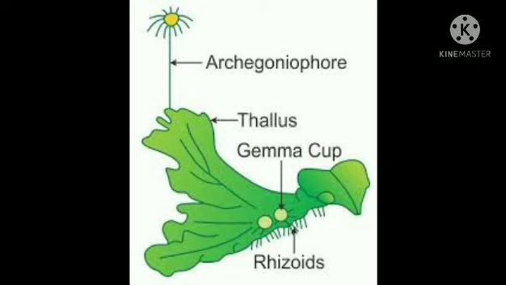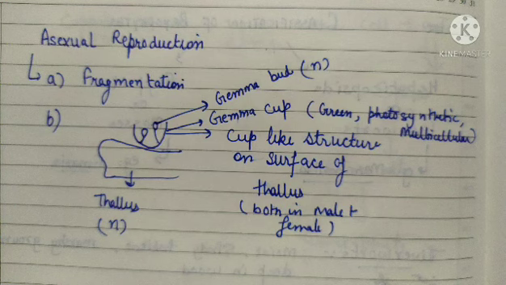On the thallus there will be a formation of a cup-like structure on its surface, and this cup-like structure will be borne on both male as well as female gametophyte. This cup-like structure is referred to as gemma cup. Inside the gemma cup there is an outgrowth that is referred to as gemma bud.